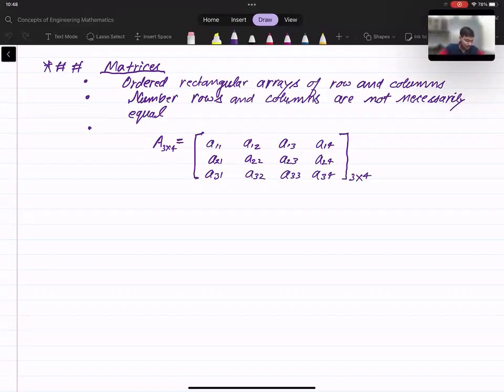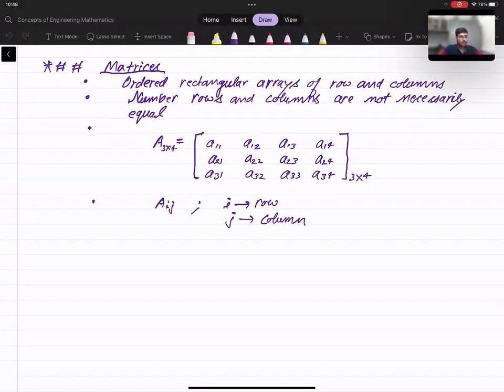Also, it can be written as Aij, where I is for rows and J is for column. This is how it is represented.